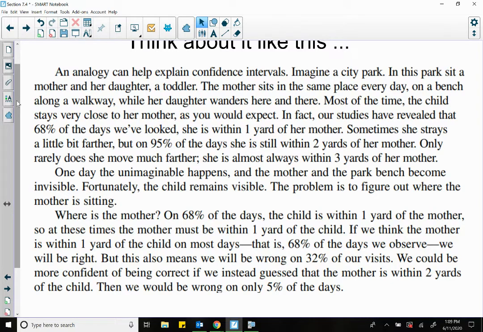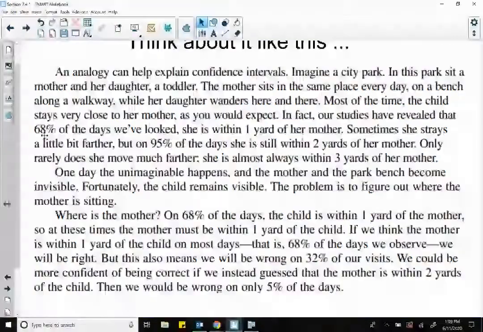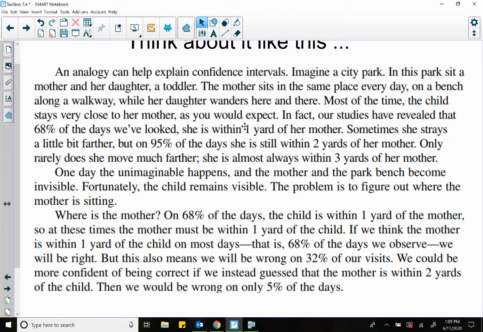Most of the time, the child stays very close to her mother, as you would expect. In fact, the study reveals that 68% of the days she's within 1 yard of her mother. Notice you've seen 68% before, and you've also heard it associated with the number 1, but it was in standard deviations. So this is relating back to that empirical rule where within 1 standard deviation is 68% of the data.